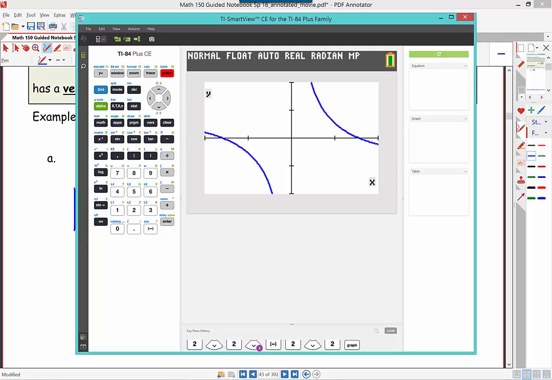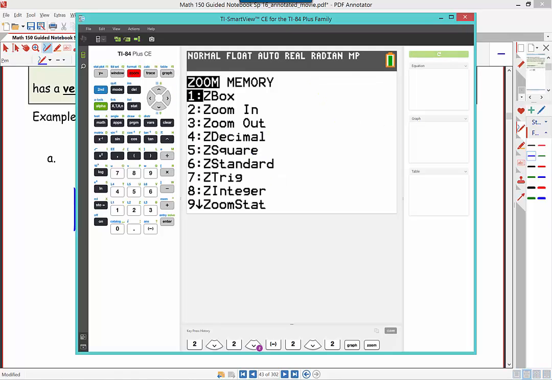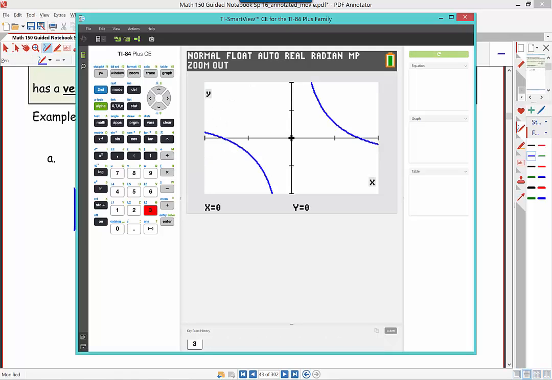And as you see, we have that vertical asymptote at x is 0. If we zoom out and see what it looks like, you can see it's got kind of a cool little curve right there.